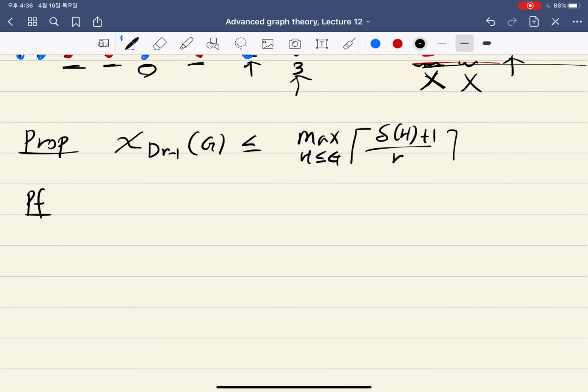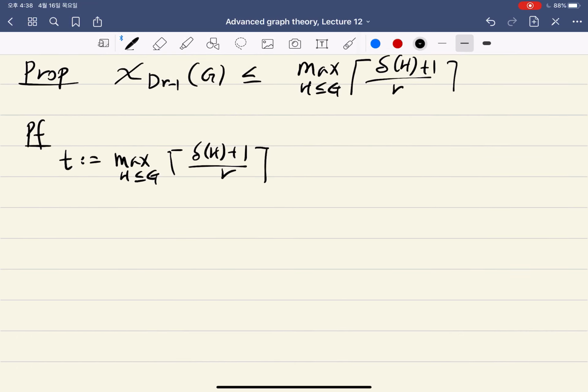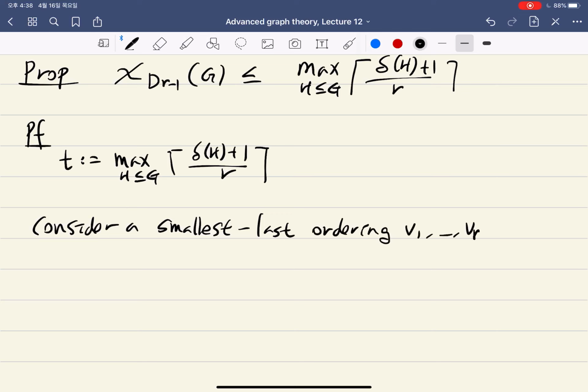We can actually prove it. Let's say t is this number, and we consider the smallest-last ordering v1 to vn.